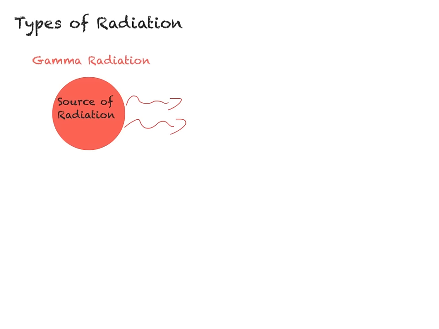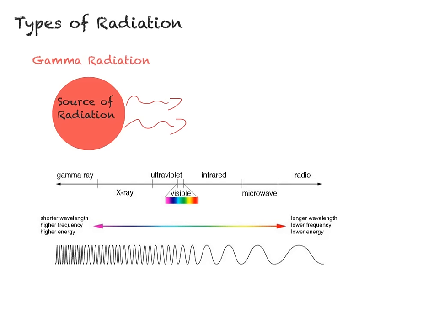As gamma radiation travels as a wave, it is able to travel extremely long distances. It also forms part of the electromagnetic spectrum. And as we can see, it has a very short wavelength, a very high frequency, and very, very high energy.